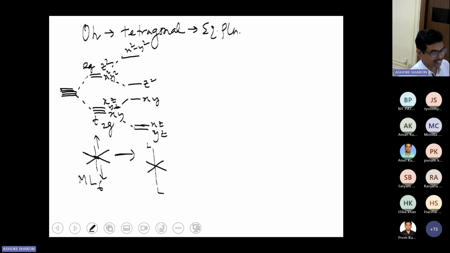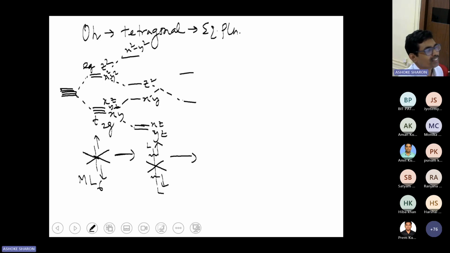Again, we apply further stretching so that these ML bonds are broken. If that breaks, then what happens? There will be nothing along the dz square orbital, and dz square will be further stabilized. So there will be a change in the position of the orbitals.